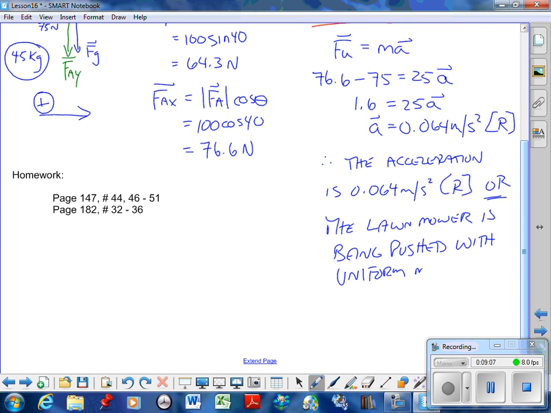You're just realizing that this acceleration is so small, so insignificant, that it's pretty close to 0, so it's almost being pushed with uniform motion.